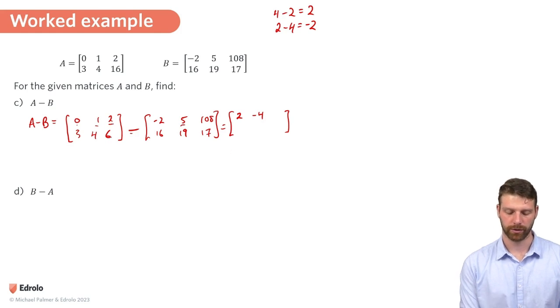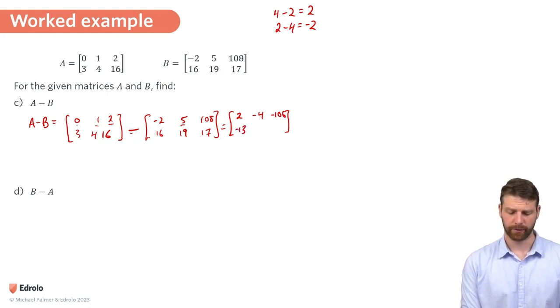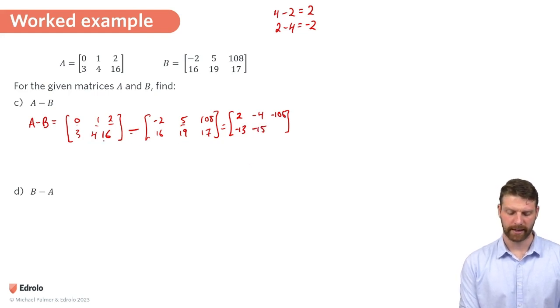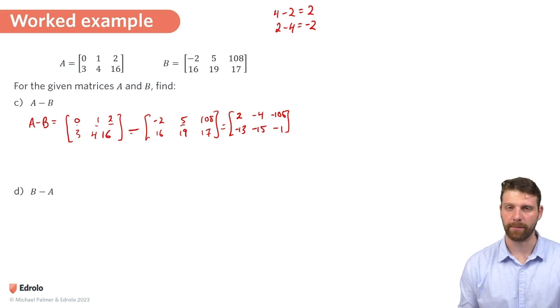I've got 2 minus 108, so I think that should be negative 106. And 3 minus 16, negative 13. 4 minus 19 should be negative 15. And 16 minus 17 should be negative 1. So there's the matrix I got there. Let's have a look at B minus A and see what we get.